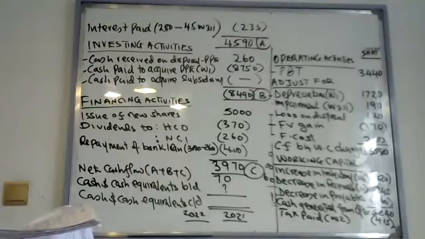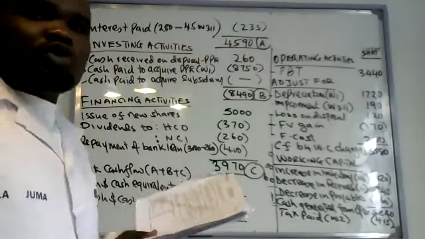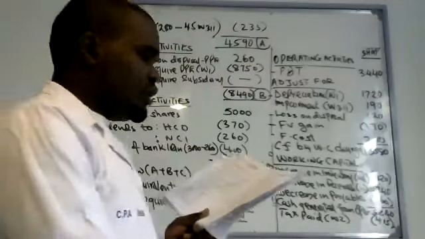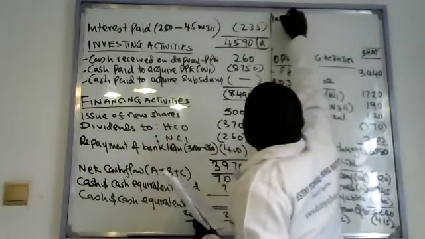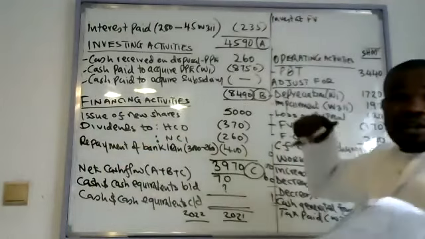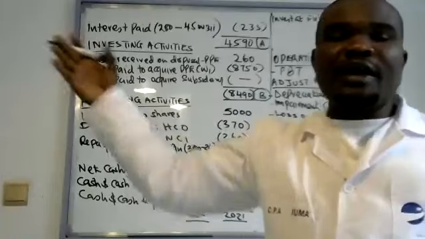You have that. So go to current assets. There is investment at fair value through profit and loss. That is a cash equivalent. Ideally, investment should be long-term.